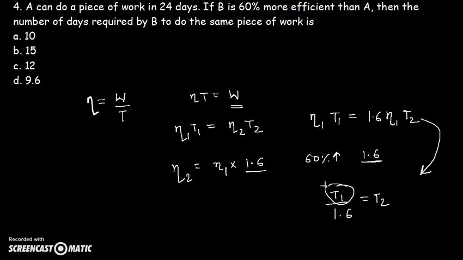T1 is the time taken by A to finish the work alone, and that is given as 24. So the answer will be 24 by 1.6, which is 15. So B takes 15 days to finish the same work, working alone.